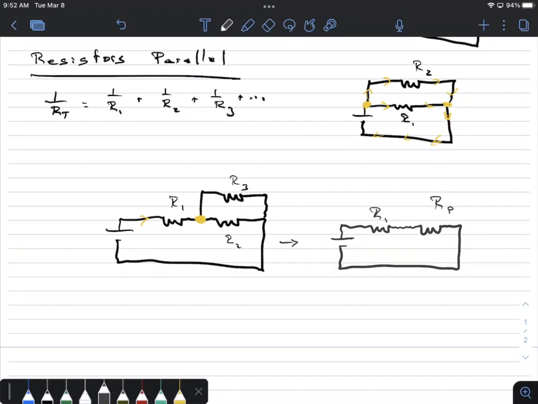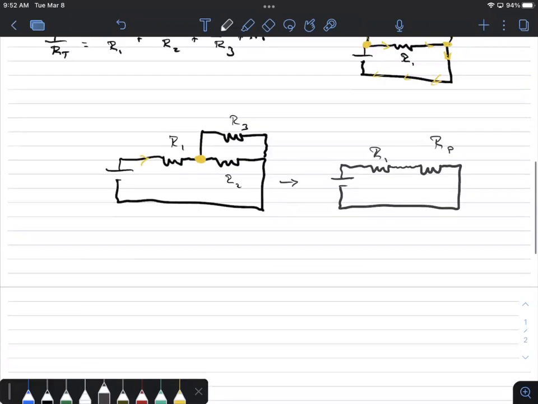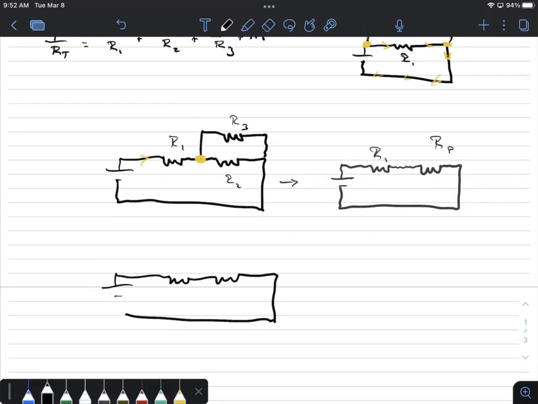So I have to move on to something else. And in this case, the other thing I can move on to is R2 and R3. In other examples, maybe I have to do the series thing first. And once I've done the series thing first, then I could start working on the parallel aspect. For instance, an example of that is this. Let's say I have this example.